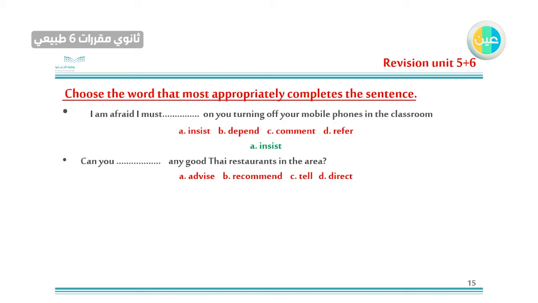What do we say about asking or giving advice for a good restaurant or good places? There is a word for this action. What is it? Okay, is it advice? Just help me. Or recommend, which means counsel, something stronger, or just tell, say, or direct, guide me. Yes, recommend.